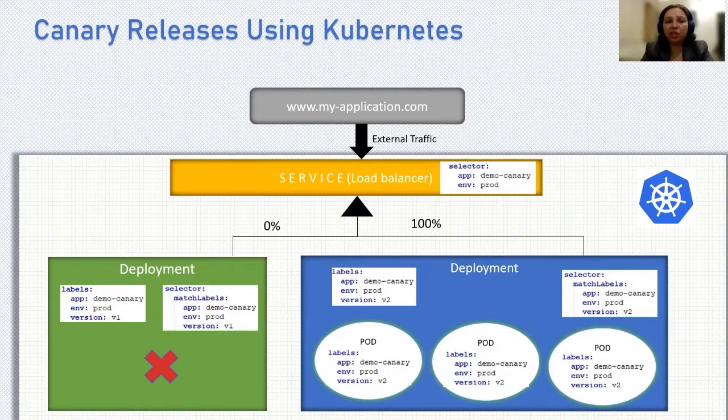The only way to manage the amount of traffic that a particular version receives is by controlling the replica ratio. If you want your Canary release to receive only 10% of the traffic, you have to deploy at least 10 replicas in the ratio 9:1. Imagine how many replicas you will need if you want your Canary release to receive only 1% of the traffic.